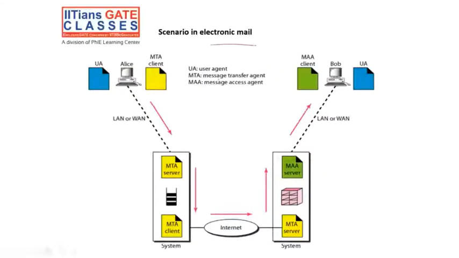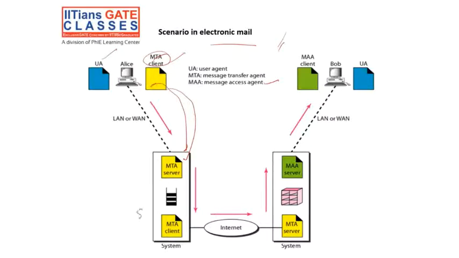So the scenario in electronic mail is there. There are some scenarios we use in today's world. This is your user agent. This is your message transfer agent. And this is your message access agent. What is the meaning of this? Now, if you want to send a mail from your client to server, your message transfer agent client will send to the server MTA, right?